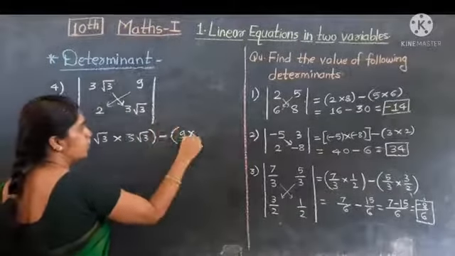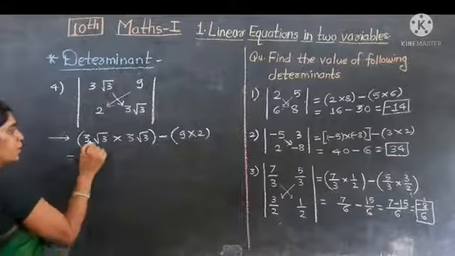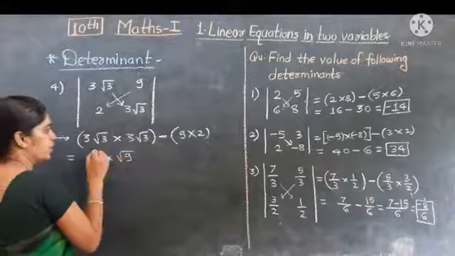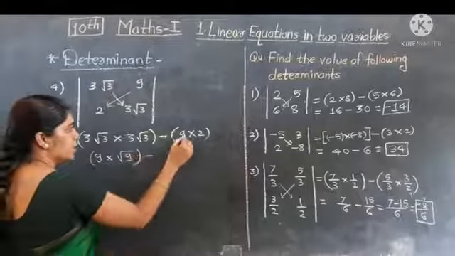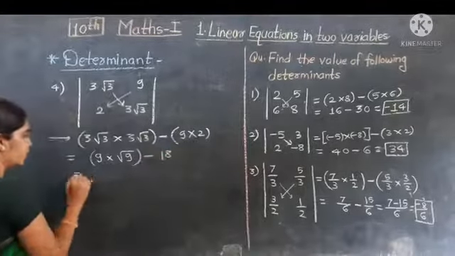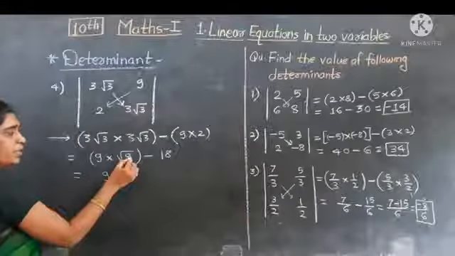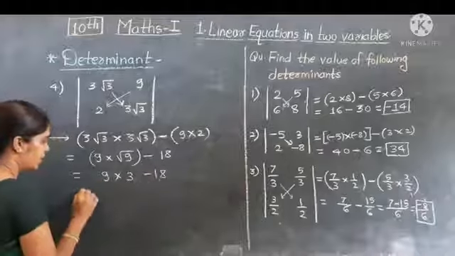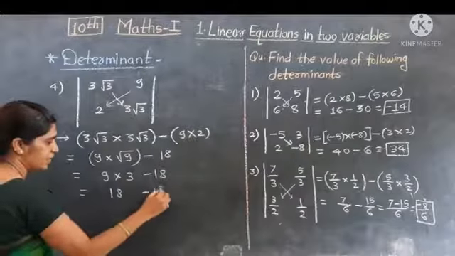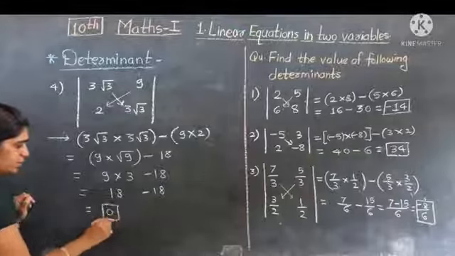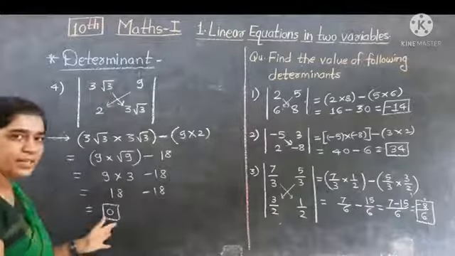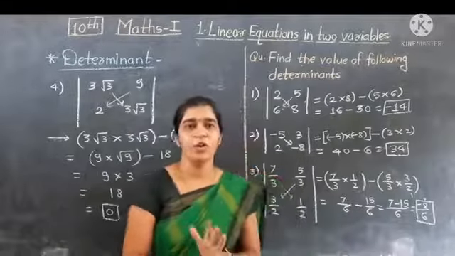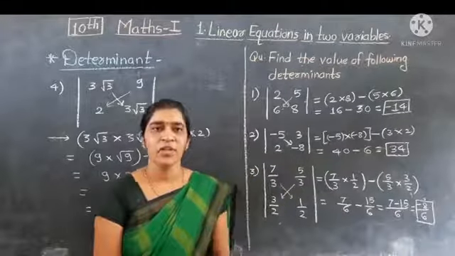Then 9 into 2 root 3. 3 root 3 into 3 root 3 is 3 threes are 9 into root 3 into root 3, root 9, minus 9 twos are 18. 9 root 9, the square root of 9 is 3, so 9 into 3 is 27... we get 27 minus 18 is 9. Understand how to find the value of the determinant.